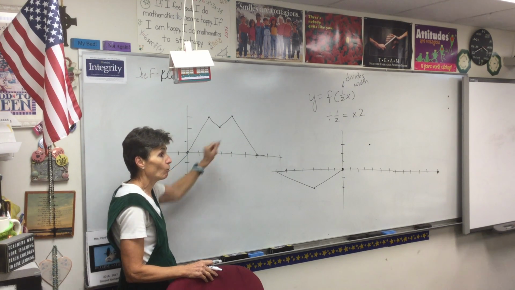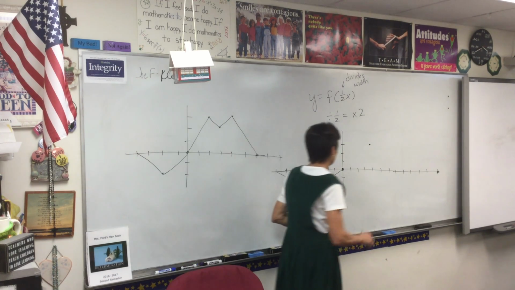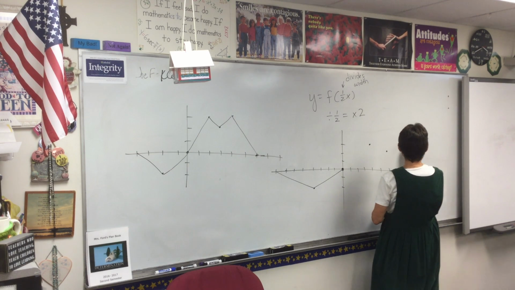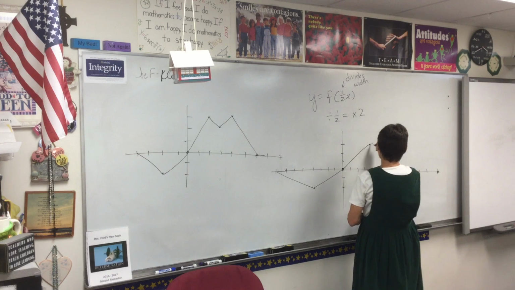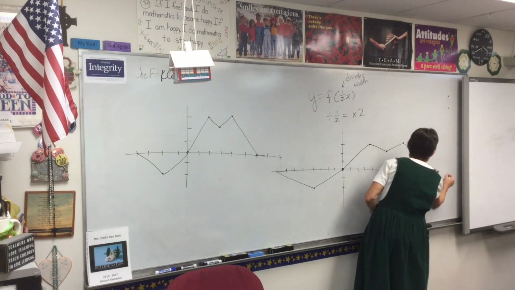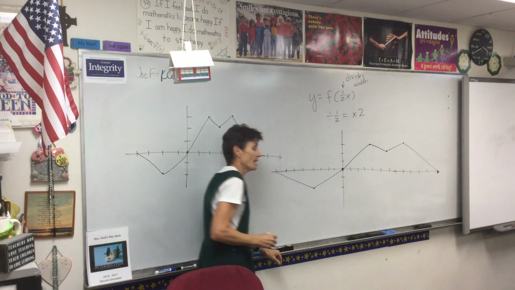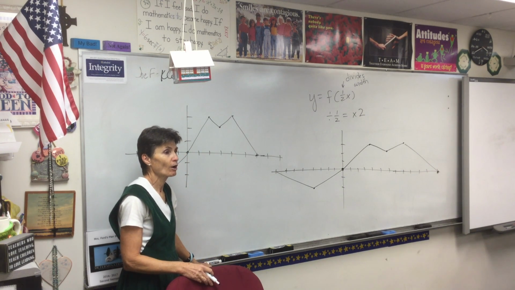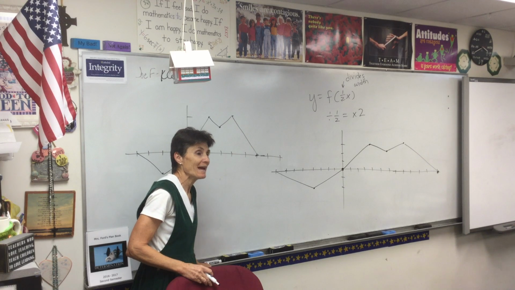So he's going to be over 6 up 2. And likewise with the next peak. And there is your stretched out M. Everything is twice as far over as it was.